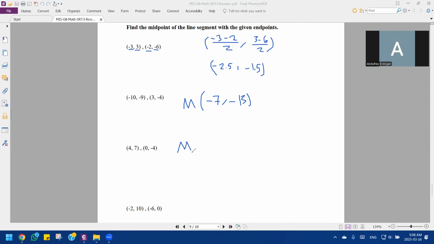Next one, m. 4 plus 0. Wait, sorry guys. In the previous question, we forgot something over 2. Minus 7 over 2 is minus 3.5. Minus 13 over 2 is minus 6.5.